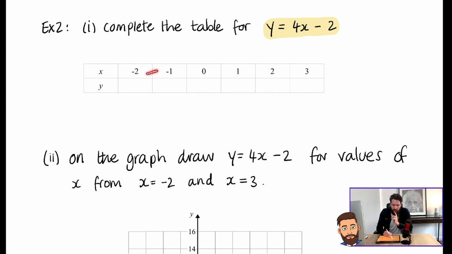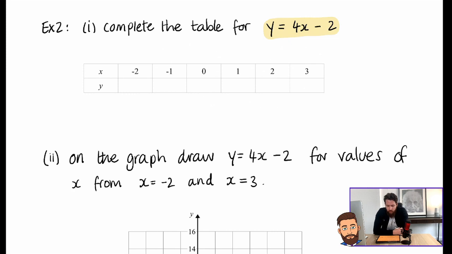And this only works as long as the x values are going up by 1. As you can see, these x values are increasing by 1. So if these are increasing by 1, the y's will be increasing by 4.